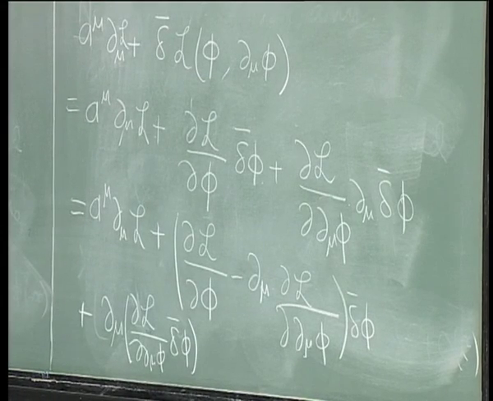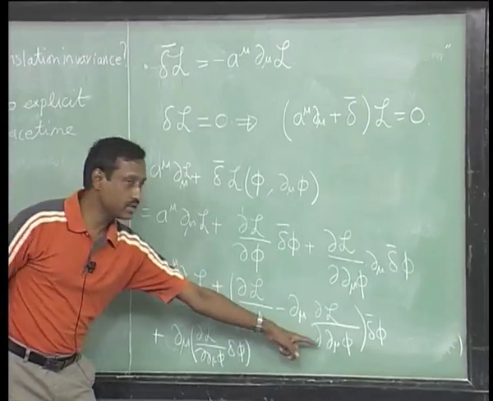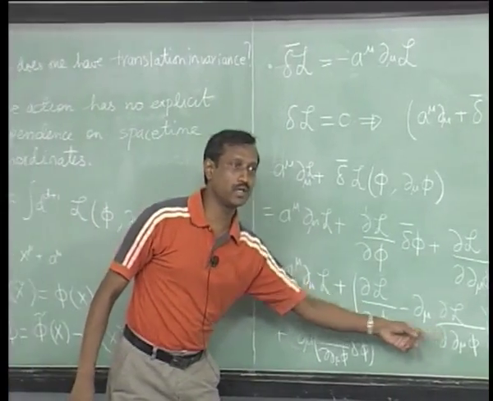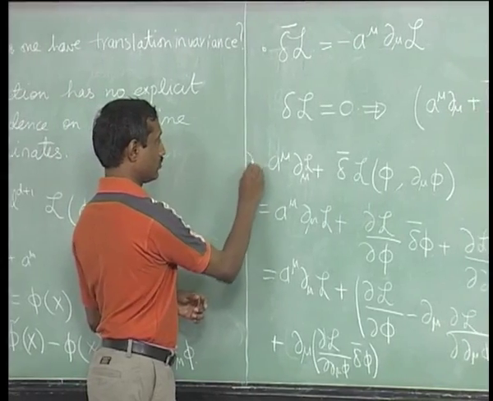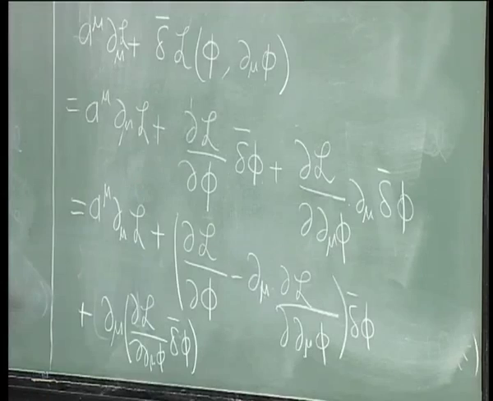Okay, this is the total derivative which I have. The reason is that this is an equation of motion. So I should say 0 equal to all this.